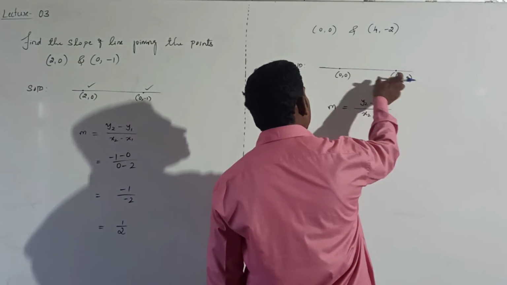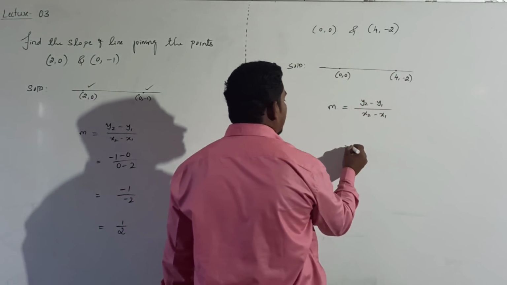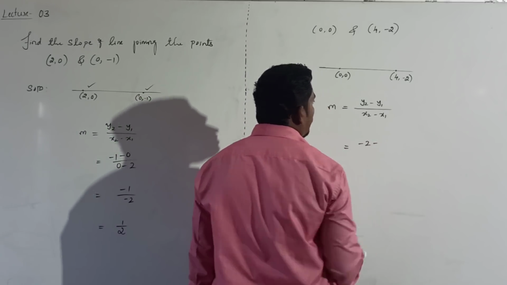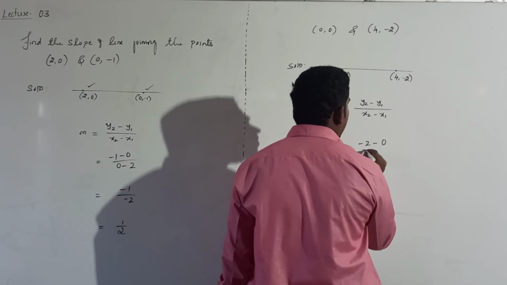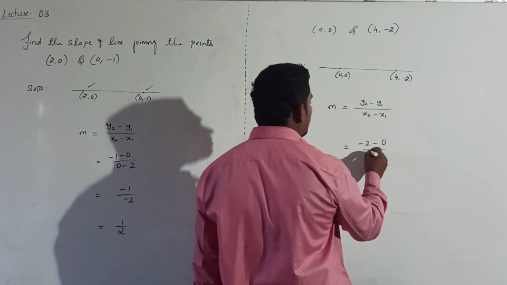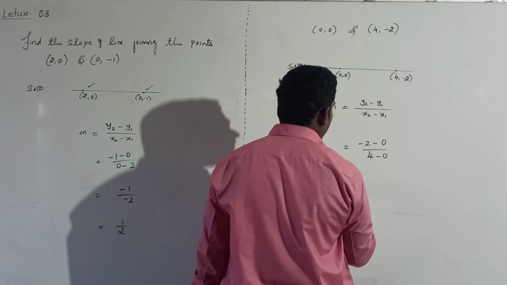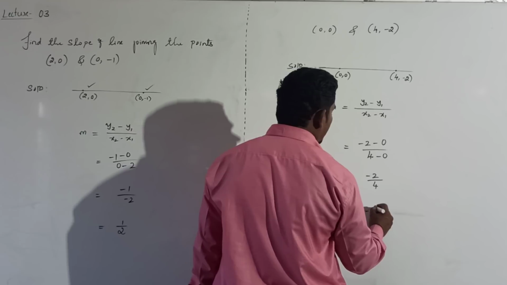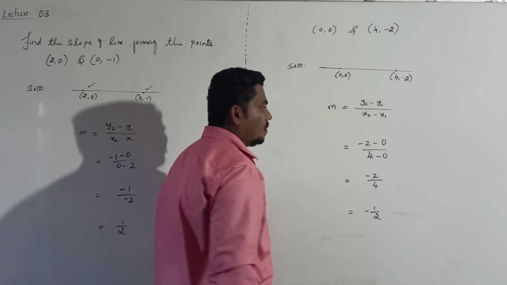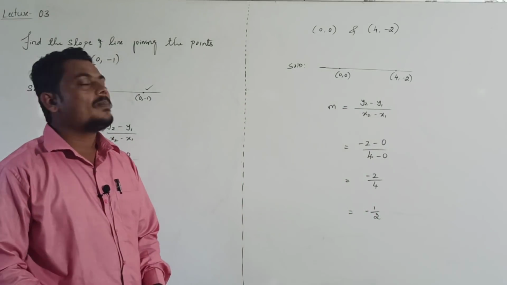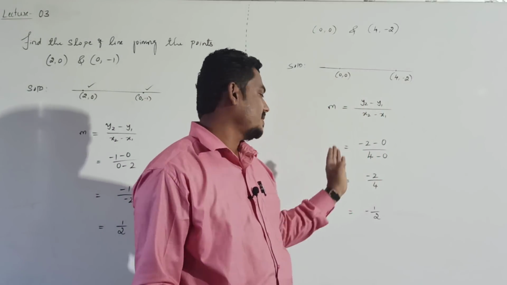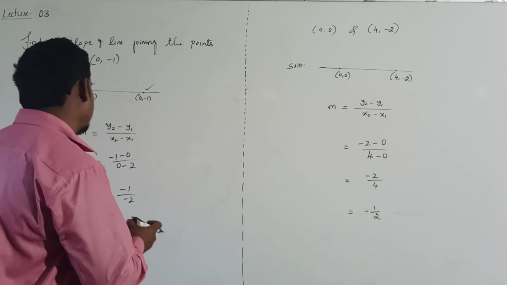That's equal to y2, minus 2, minus y1, 0, whole thing divided by x2, 4, minus 0. It will be minus 2 divided by 4, that's equal to minus 1 divided by 2. Slope of the line passing through these 2 points is minus 1 by 2.